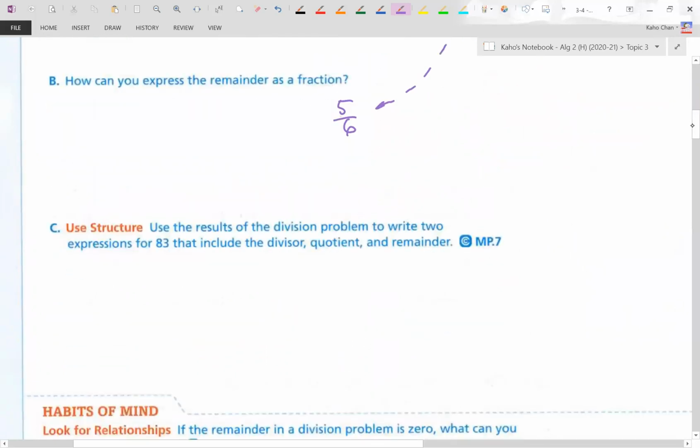And we kind of answered most of these questions already. Use the results of the division problem to write 2 expressions for 83 that include the divisor, quotient, and remainder. That's fine. We have the mixed number 13 and 5/6, literally written out like this as well earlier.